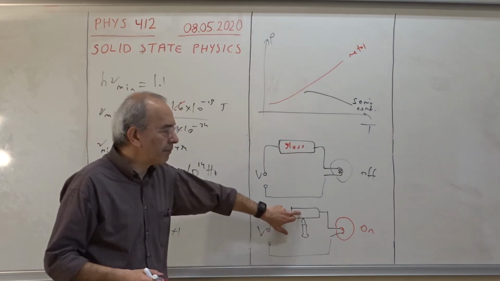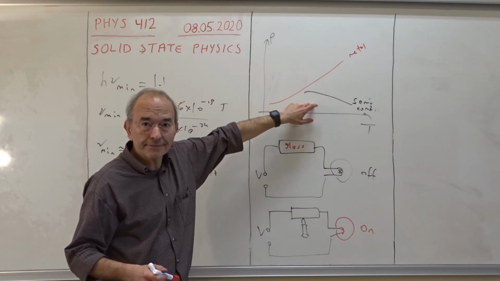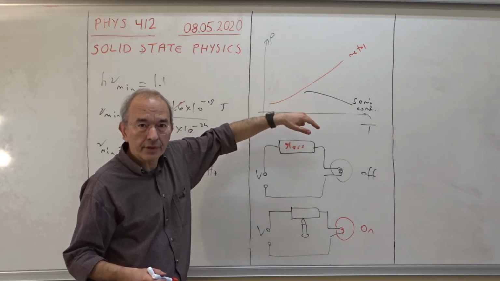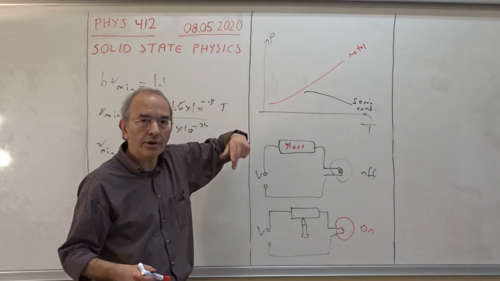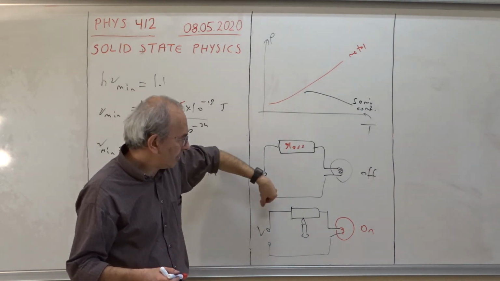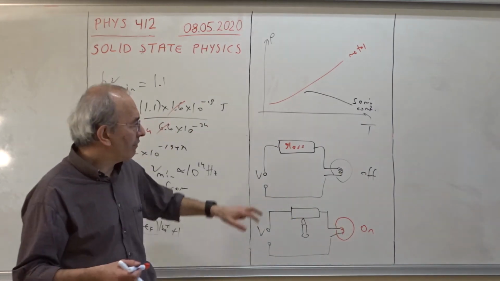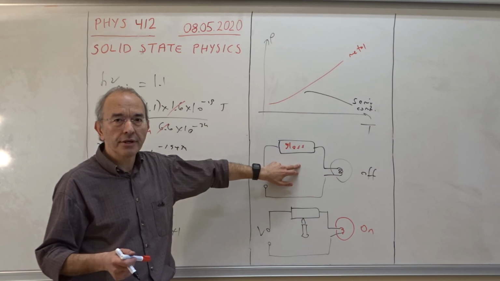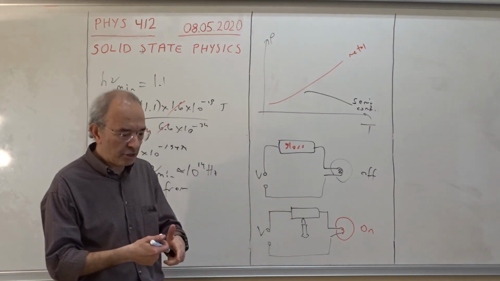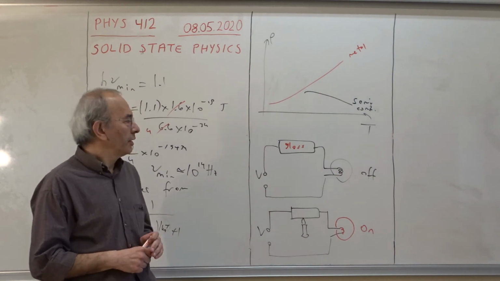Because you increase the temperature of this object, therefore it becomes a better and better conductor. And some current is passing through so that the bulb gives off some light. However, in the case of low temperatures, there is almost no net current passing through the glass.